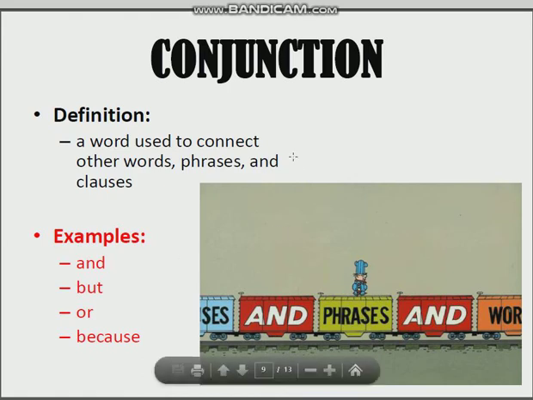Now the next one is conjunction. They are the connective words. You know about junctions, railway junctions. They connect one train from another junction. That's why they are called connective words. They connect one word to other words. A word used to connect other words, phrases. So guys, conjunctions, like railway junctions, perform the work of connecting from one place to another place. Right here, some of the words are and, or, but, because, neither, either.